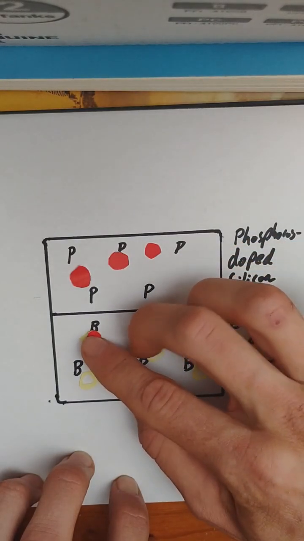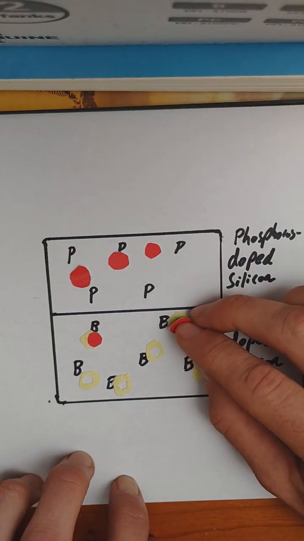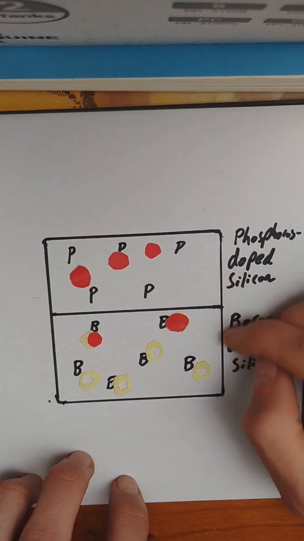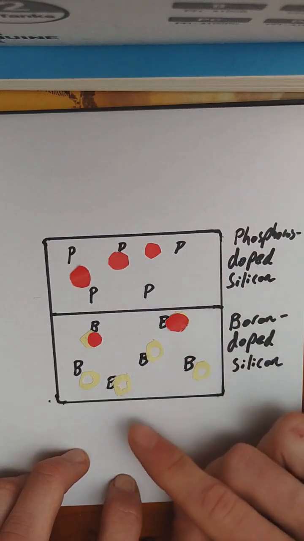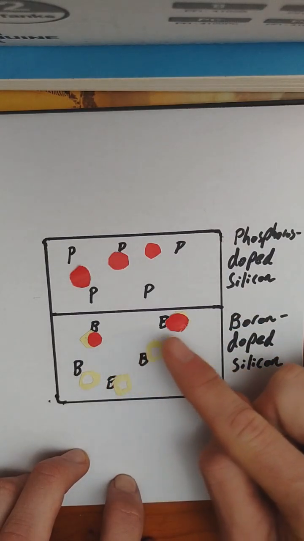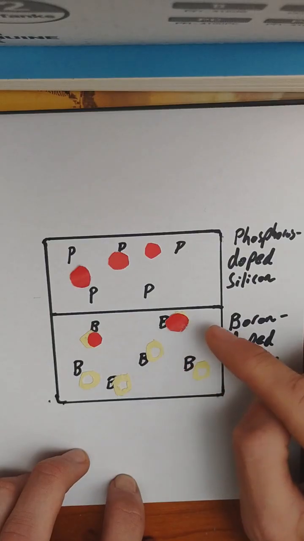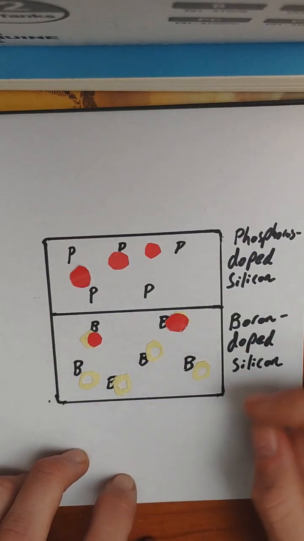And they're going to fill in some of these holes in the boron that's close to the junction or the boundary where these two layers meet. And they're not going to make it to the bottom because they'll sort of get caught by the boron holes that are near the junction. They're not going to make it all the way down here.